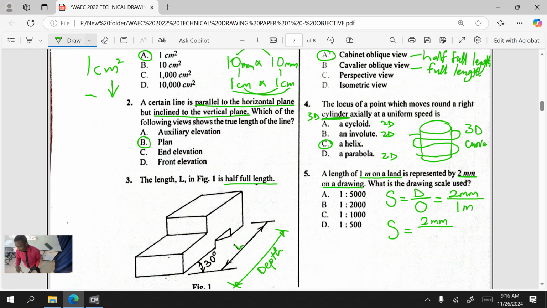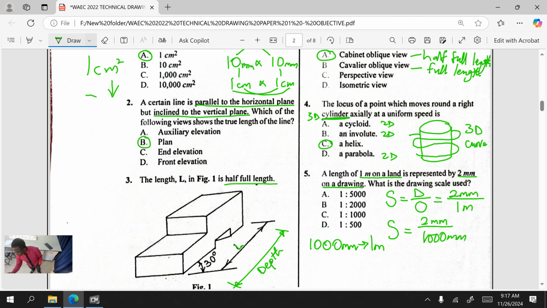How many millimeters will give us 1 meter? We have 1,000 millimeters to give us 1 meter. Take note.